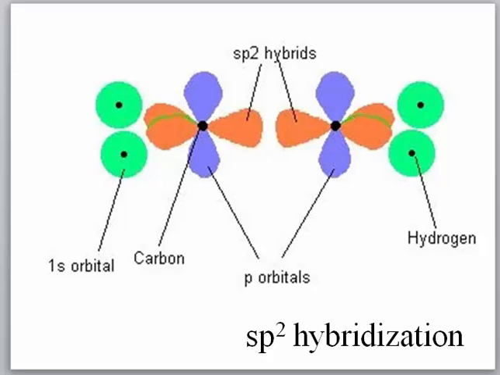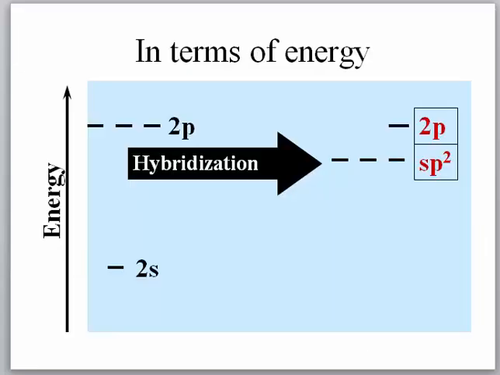So if you're looking at your sp2 hybridization, here you've got your overlap, and you have your unhybridized P's here. This is where you can get an interaction with that unhybridized P to give you that double bond. So the hybridized sp2 is of lower energy than the unhybridized 2p.